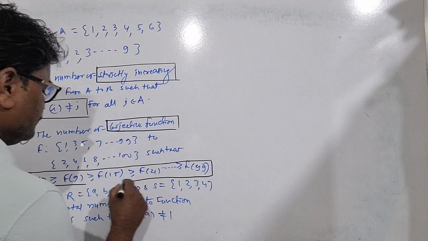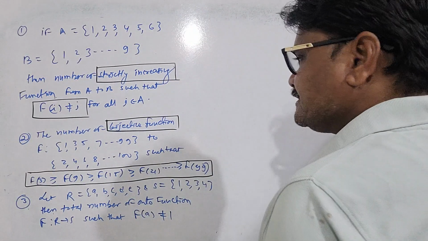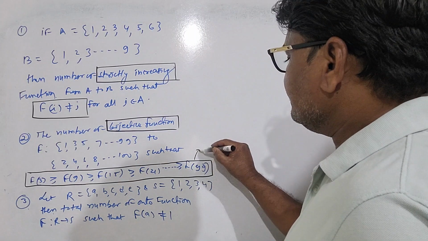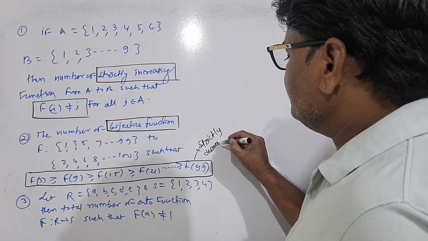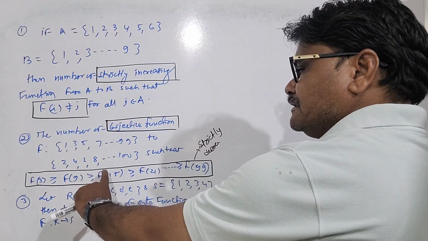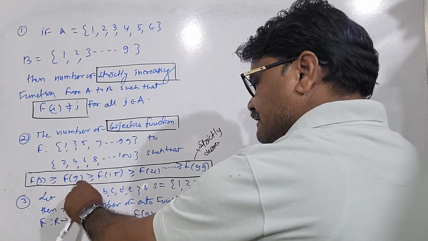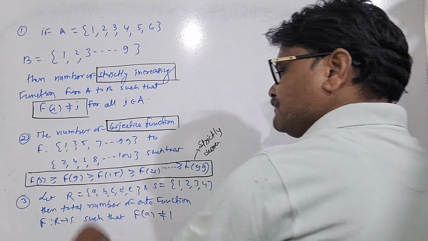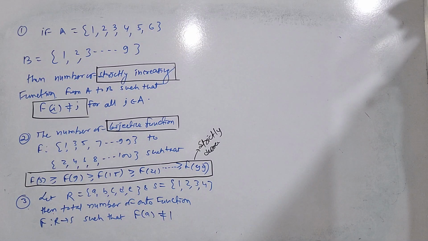So this shows that this function is strictly decreasing, because when you increase the input, the output decreases. For input 3 and then 9, the output of f(9) is less than the output of f(3), and the same thing goes on throughout.